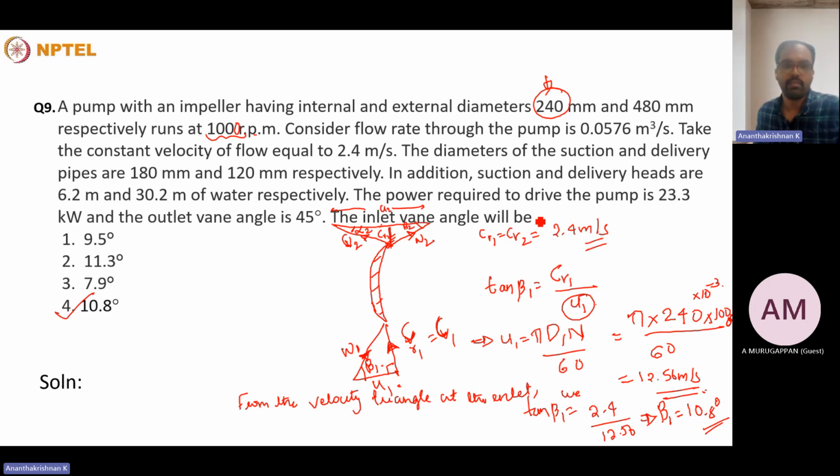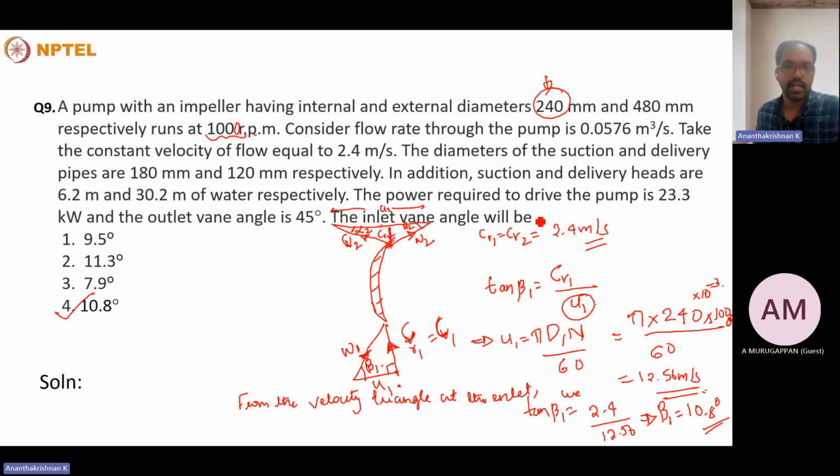constant throughout the impeller, and the diameters of the suction and delivery pipes are given as 180 mm and 120 mm respectively. This is quite useful in order to calculate the heads associated with the suction and delivery pipes, and the velocities associated with them.